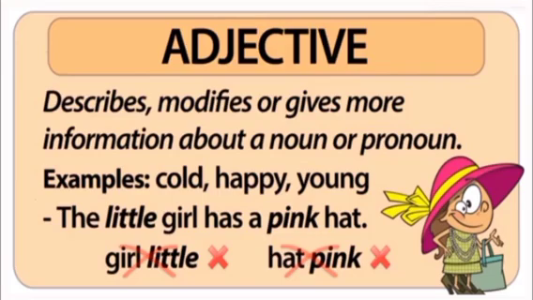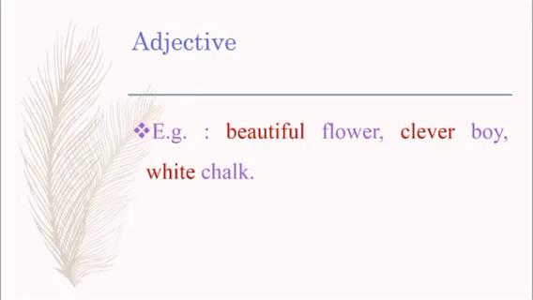We don't say the girl little. We say the little girl. Then, we don't say hat pink. We say pink hat. Examples: beautiful flower, clever boy, white chalk.